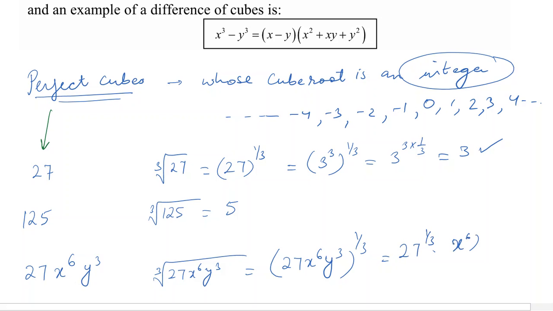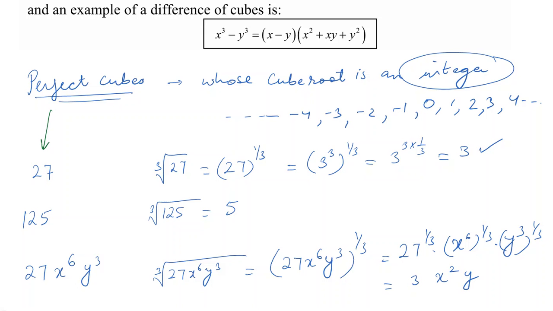So x^6 gets the power 1/3, y^3 gets the power 1/3, and then the powers multiply together, so we get 3x^2 here, because 6 times 1/3 is 2, and similarly y.